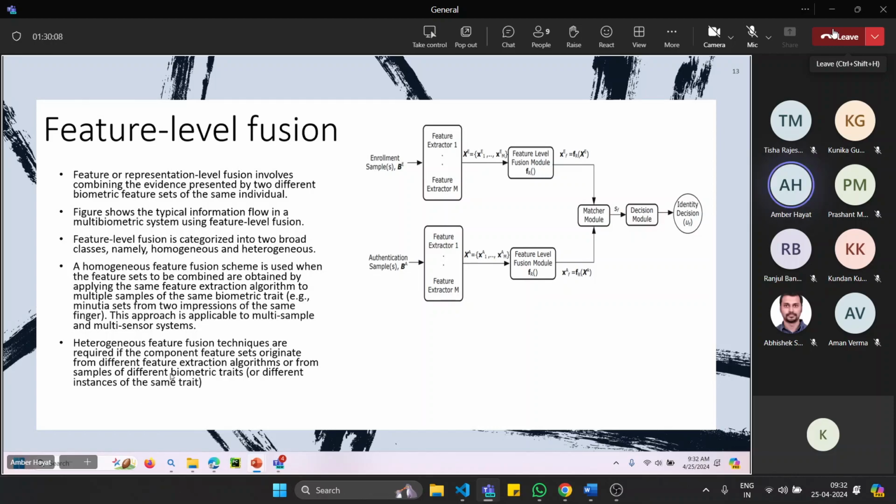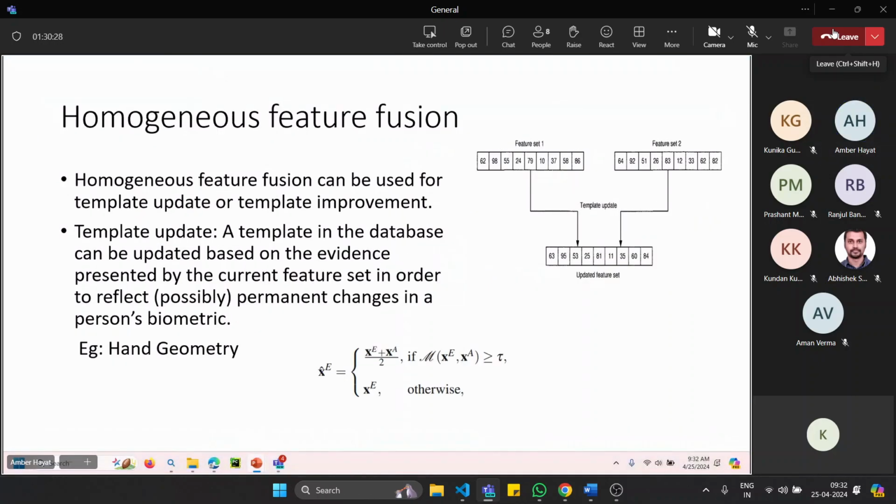Another one is the heterogeneous fusion scheme. In this, the components are from different algorithms or from different traits. So they have different representations. This is known as the heterogeneous feature fusion technique. So first one is the homogeneous feature fusion.